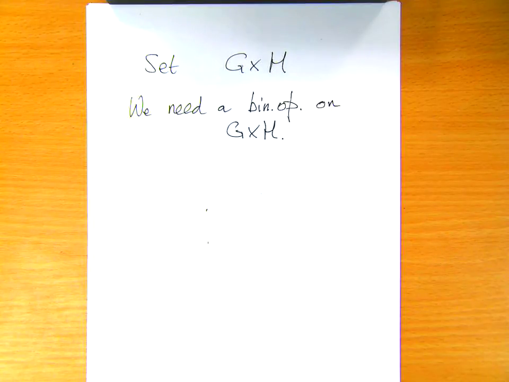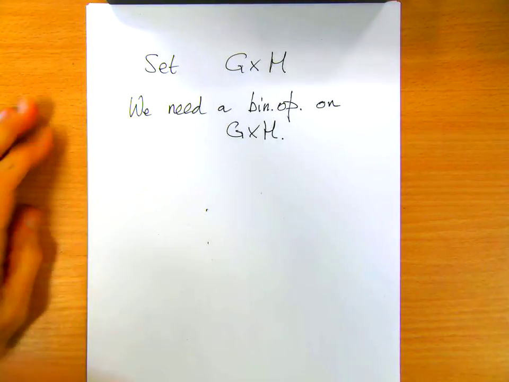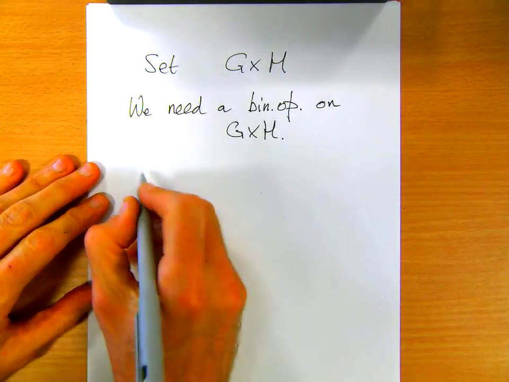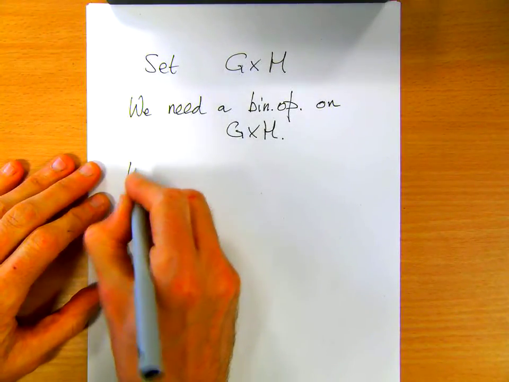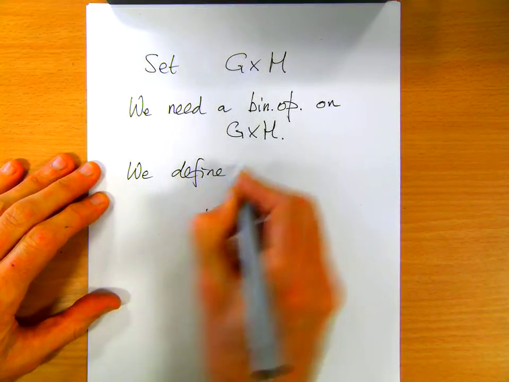So the obvious thing to do is to try and use the binary operation on G and on H to construct a new one on G cross H. And really there's only one thing that you can do, and you've just got to check that it works. So we define this as follows.